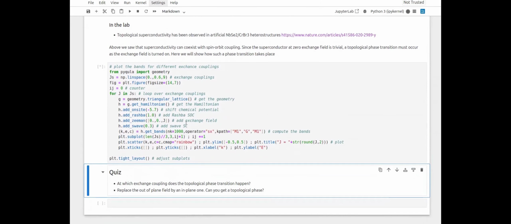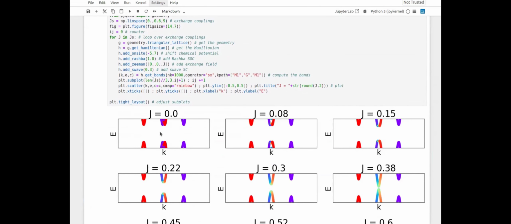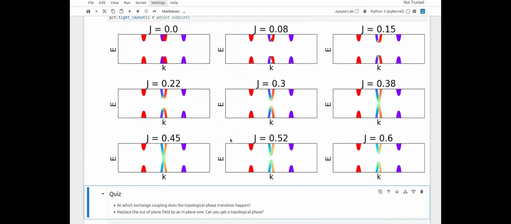The whole idea is that if the exchange field is 0, then you have a conventional S-wave superconductor. As you increase the value of the exchange field, you start closing the superconducting gap and eventually reopening the superconducting gap.